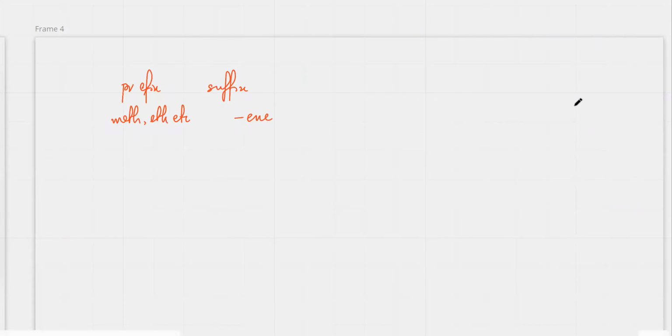So for example, I have this molecule, just 2 carbon atoms. There's a double bond in there. What's the name of this molecule? 2 carbon atoms is Ethene: eth, followed by ene.